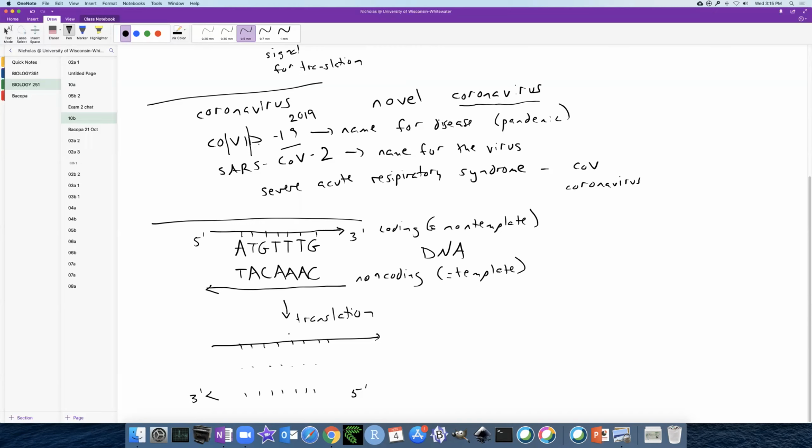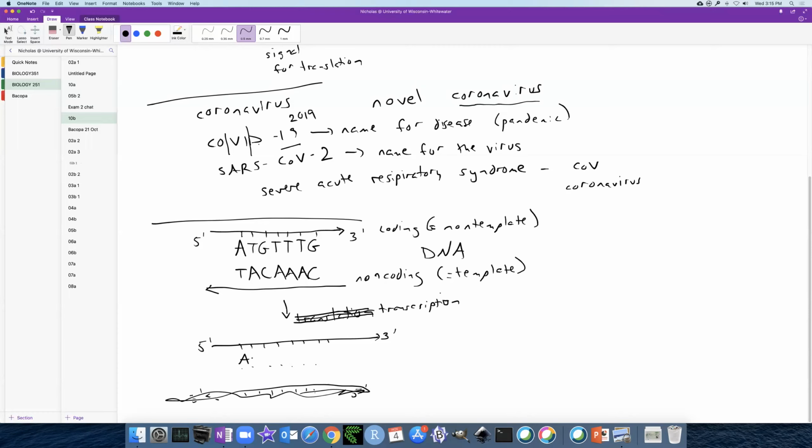And so, I'm sorry, cross that out. Transcription would get us a molecule that runs the same direction, 5' to 3'.